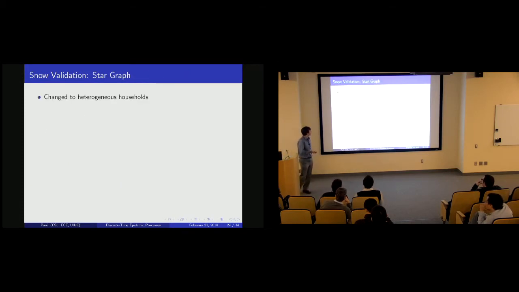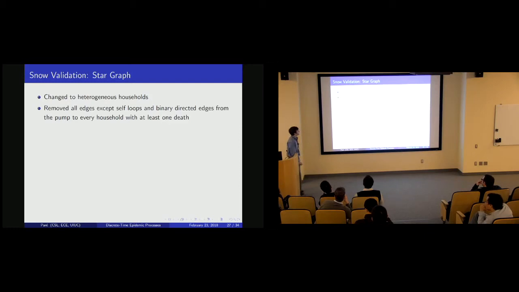And then for the final attempt, we chose heterogeneous household sizes. So we didn't make them all the same size, and used some census data compiled by a different paper. And then we removed all the edges in between the households except the self loops.